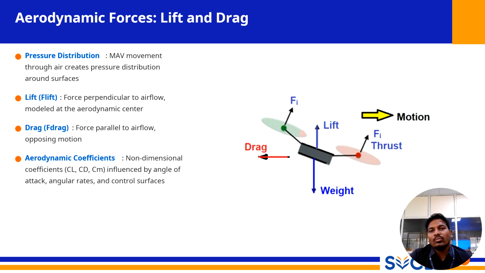The MAV's movement through air creates a pressure distribution around its surfaces. As the aircraft's body, wings and propellers push their way through the air, they create variations in air pressure around them. The sum of these pressure differences results in a net force on the aircraft, which we can then break down into more useful components.